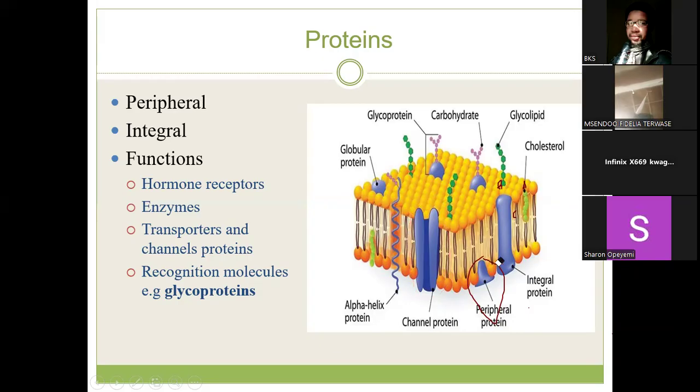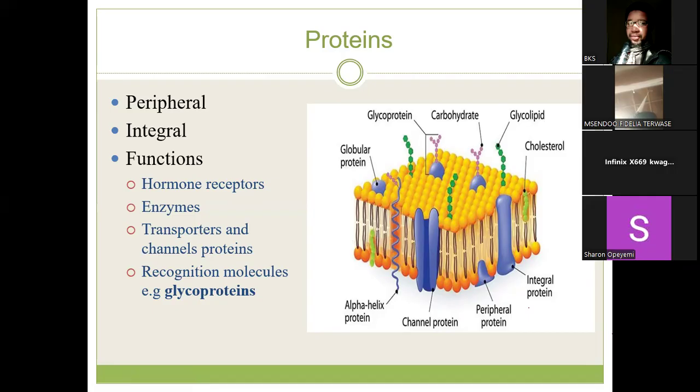And we mentioned what they are used for. Usually they can be receptors that bind to something and serve as recognition molecules. They can be enzymes, catalysis. They can be transporters that help in the movement of substances in and out of the cells. They can be recognition molecules that determine what it is before it gets into the cell.